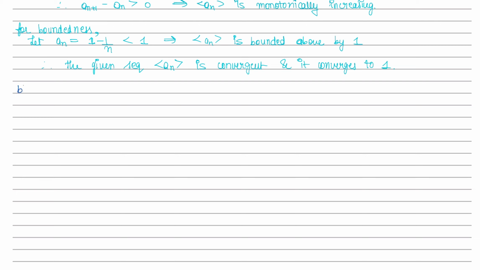Next part, where an is equal to (n minus 1) by n. Similarly, for monotonic sequence, let a(n+1) minus an is equal to (n plus 1 minus 1) upon n plus 1 minus (n minus 1) upon n.